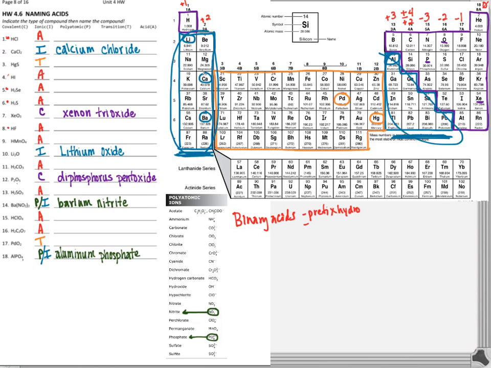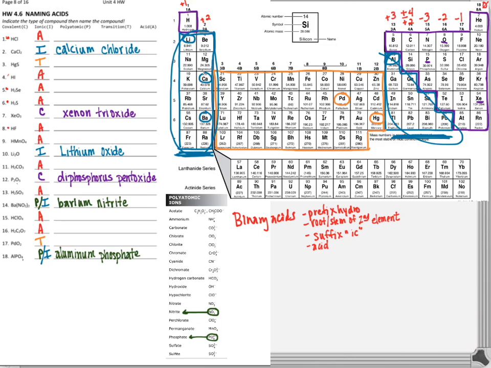You're going to use the root or stem of your second element, but you're going to end that root or stem with ic. So the suffix will be ic. And we're going to add acid at the end. So there are my rules for binary acids.